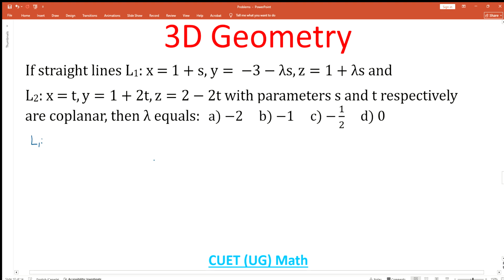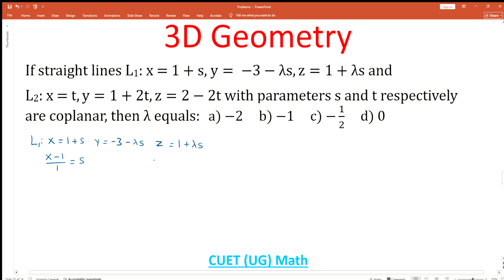The parametric equations are x equals 1 plus s, y equals negative 3 minus lambda s, and z equals 1 plus lambda s. We can write this in Cartesian form or symmetric form by isolating s from all three parametric equations. From the x equation, I get (x minus 1) over 1 equals s.